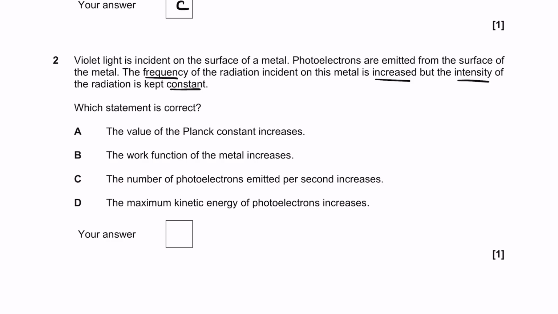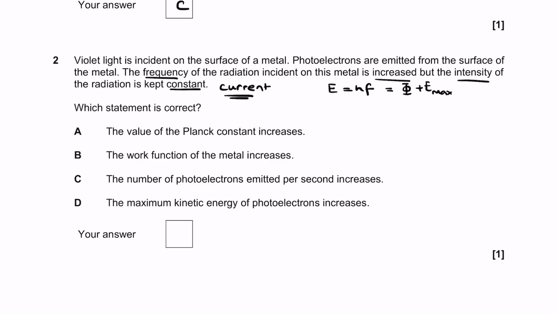So we know hf is equal to the energy of the photons, which is also related to the work function and the maximum kinetic energy, EK max. And the intensity being constant just basically means that the current is going to be constant too. So which statement is correct?